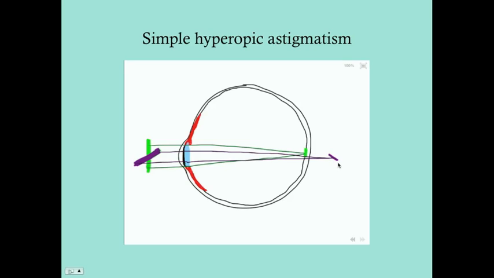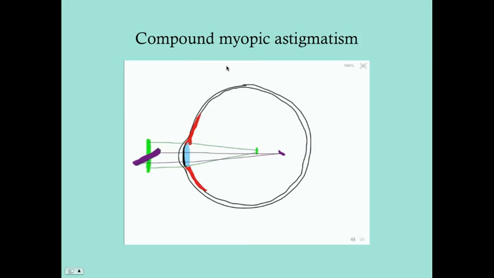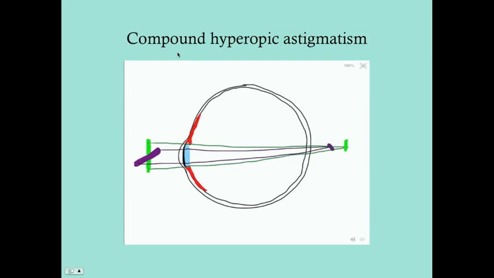Here's a compound myopic astigmatism. So the vertical axis is projected at one point in front of the retina, and the horizontal axis is projected at a different point in front of the retina, but they're both in front of the retina. So that's a compound myopic astigmatism. Here's a compound hyperopic astigmatism, where they're both projected behind the retina at different points.